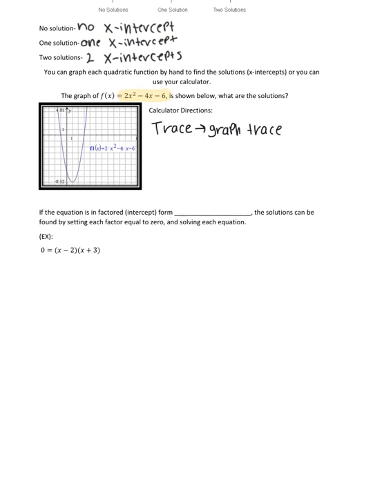You're going to scroll side to side until the calculator gives you the word zero, and it'll give you a point. The point that it gives you is one of the solutions. In the case of this graph, there are two solutions. If you go through that graph trace on your calculator, you should get a solution at 3, 0 and a solution at -1, 0.